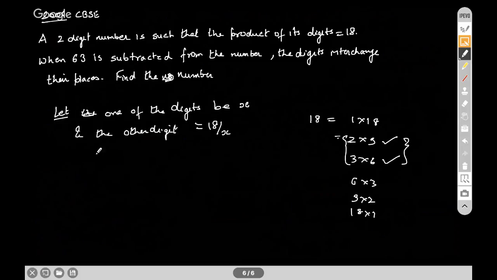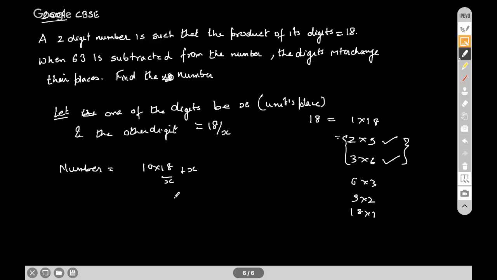Now the second is, when 63 is subtracted from the number. So what is the number, guys? Let's say x is in units place, or one of the digits be x, units place. So the number will be nothing but 10 into 18 upon x plus x.